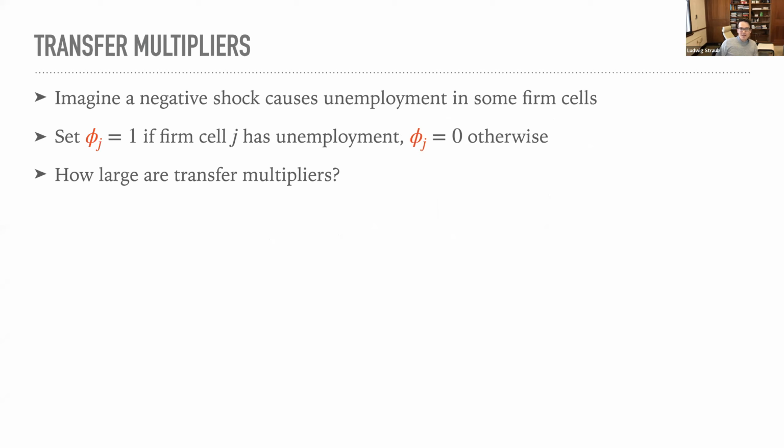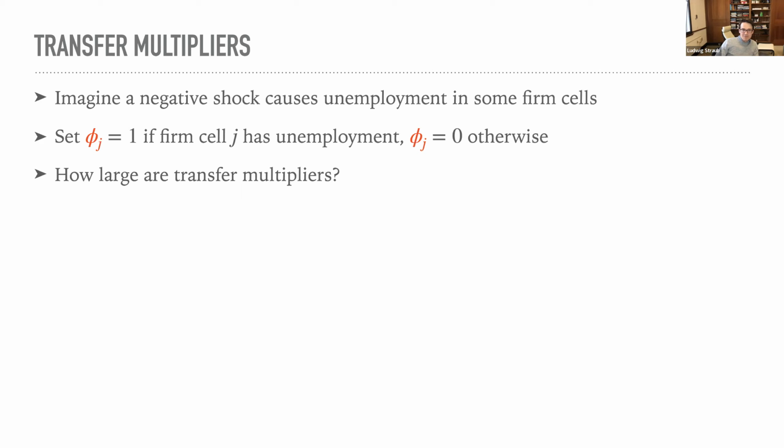Let me denote by phi the indicator function that tells us whether a firm cell is in the rationing regime, where they have too little demand and positive unemployment. And phi equals 0 would correspond to a case where a firm cell has just enough demand or even too much demand, in which case an increase in demand for that sector would only be reflected in an increase in prices rather than in a reduction in unemployment.